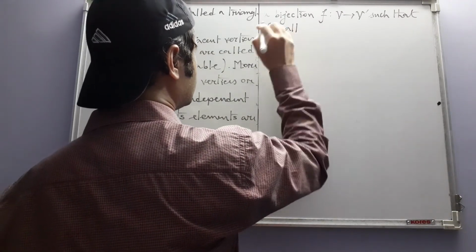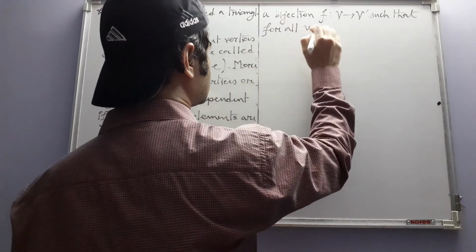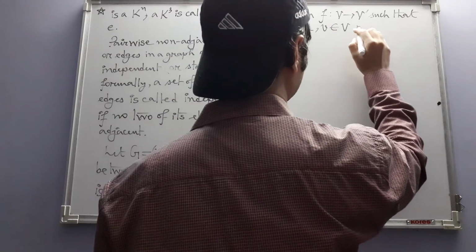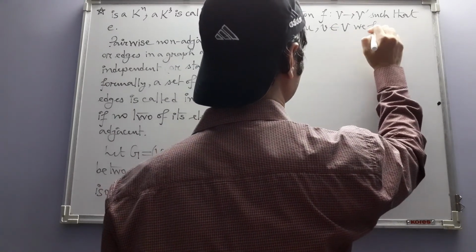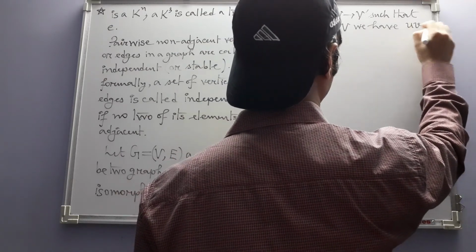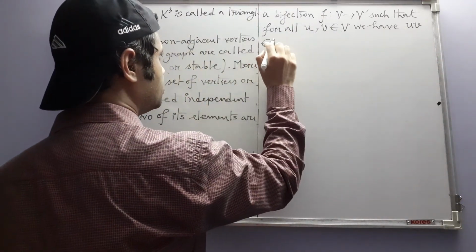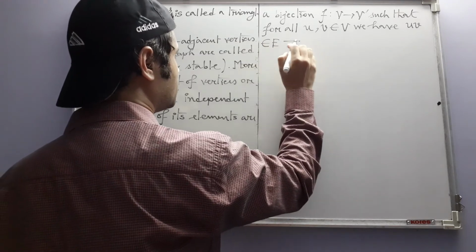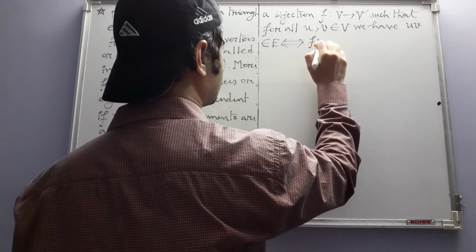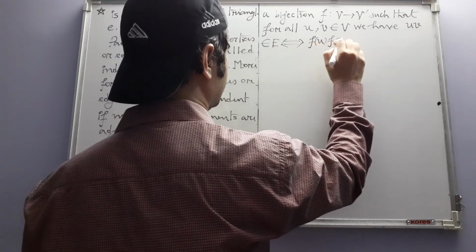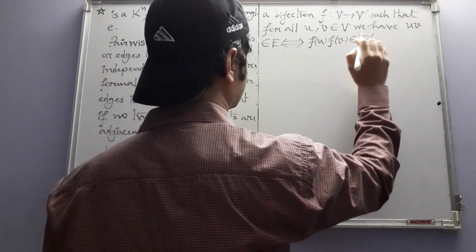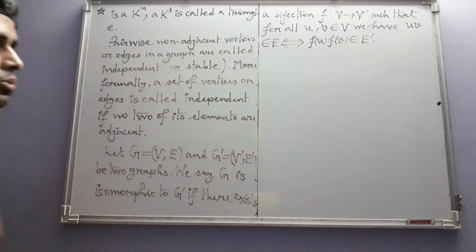For all vertices u and v belonging to V, we have uv belonging to E if and only if f(u) f(v) belongs to E prime.